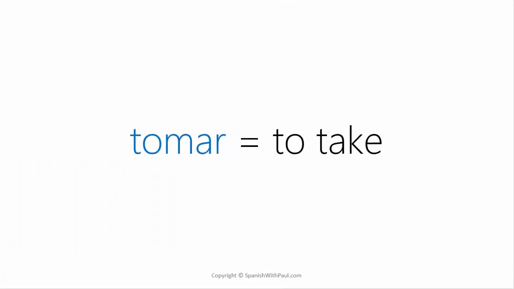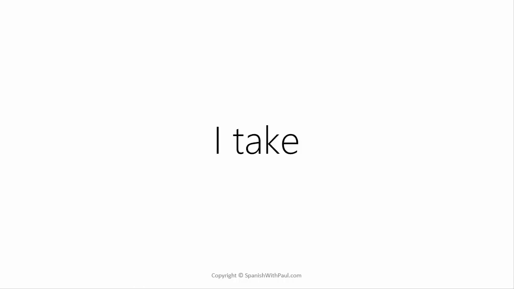Let's begin with our first example verb, which is tomar. And tomar means to take. So here we have the full verb, the infinitive, to take. Tomar. Now, if we wanted to say I take, we go through a little sequence. We go back to the full verb, tomar, and then this ending of AR gets removed and it gets replaced by an O. This O signifies I take.